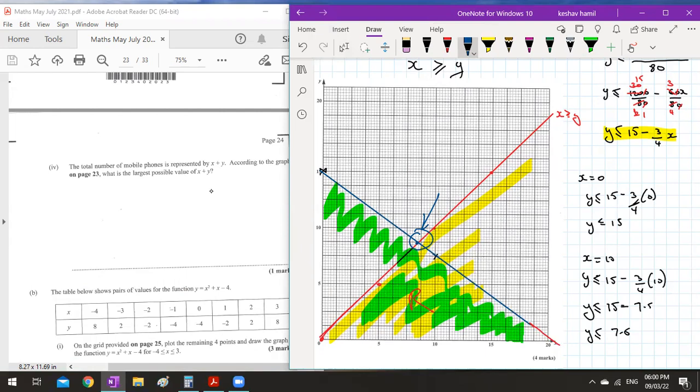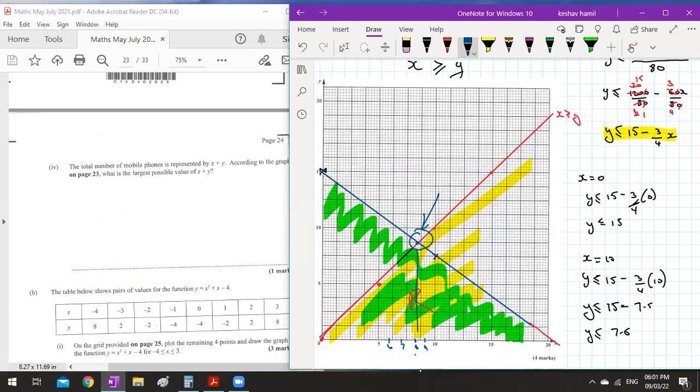So from the graph, X looks to be somewhere there. So every 1, 2, 3, 4 centimeters is 5. So every 4 is 1. So this will be 6, 7, 8, 9.